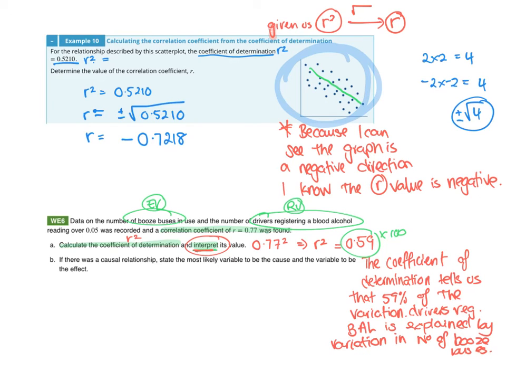If we look at this last question that they're asking, is there a causal relationship? State the most likely variable to be the cause and the variable. We've sort of done that. There would be a causal relationship. The more booze buses you have, don't you think the more people you're going to catch because they're going to pull over more people?